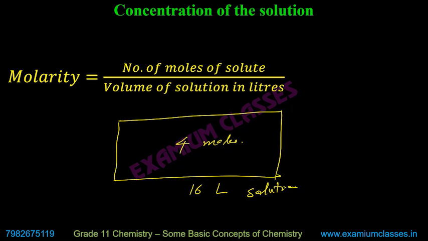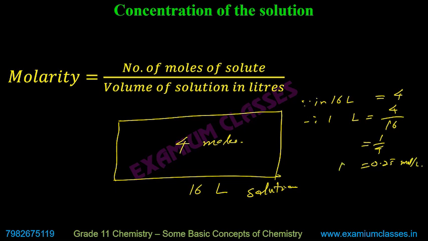So either you apply the unitary method: as in 16 liters we have 4 moles, hence in 1 liter we will have 4 by 16. That is 1 by 4, 0.25 molarity, mole per liter. That will be molarity, capital M. Yes, capital M, correct. So capital M, molarity, is nothing but how many moles are there in 1 liter of the solution.